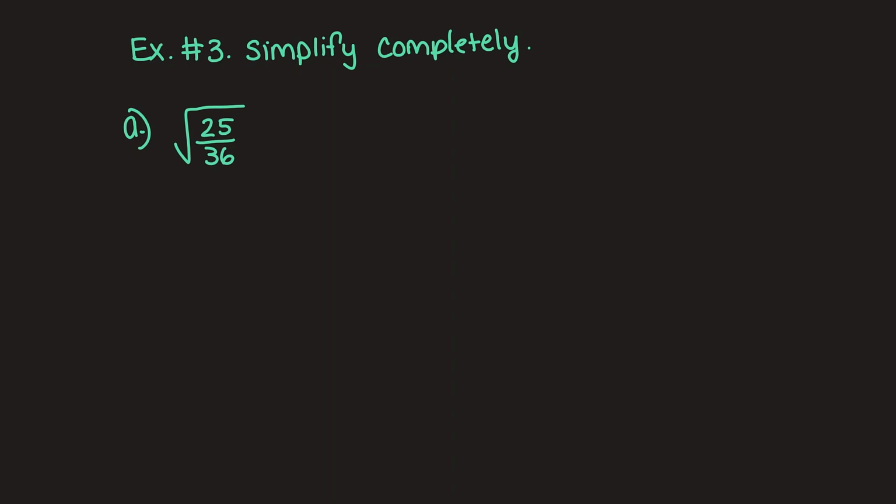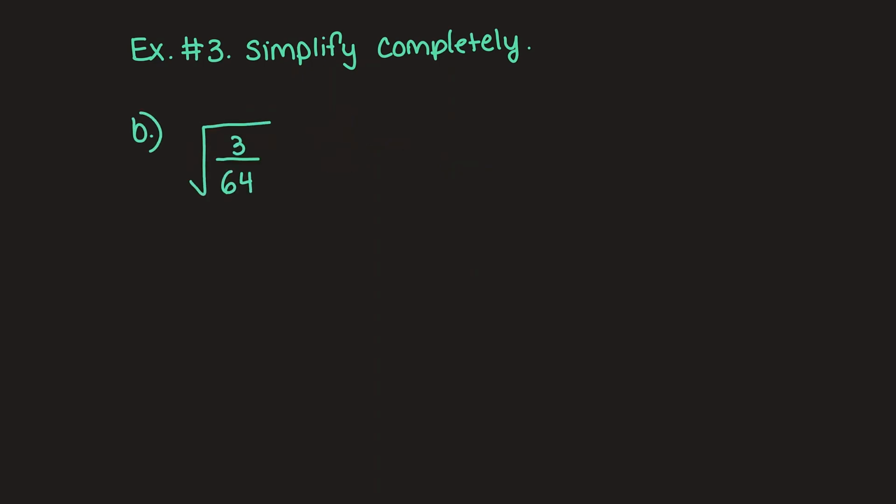So for this example, 25 over 36 is already simplified. So let's apply the quotient rule on the radical and write it as square root of 25 over square root of 36. And now taking the square root of 25, this gives us 5, and the square root of 36 is 6. So this radical simplifies to 5 over 6.